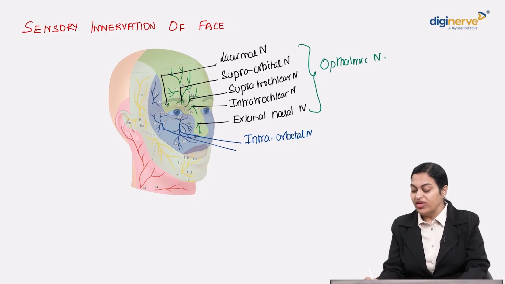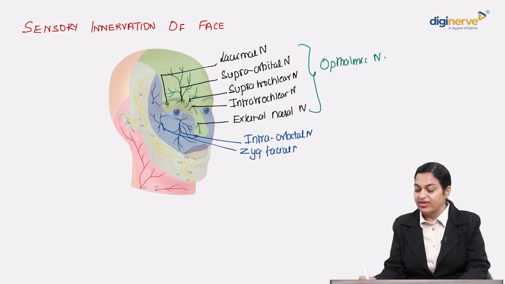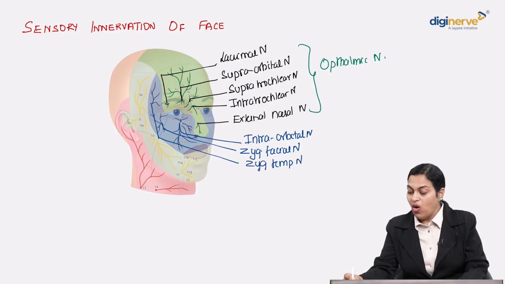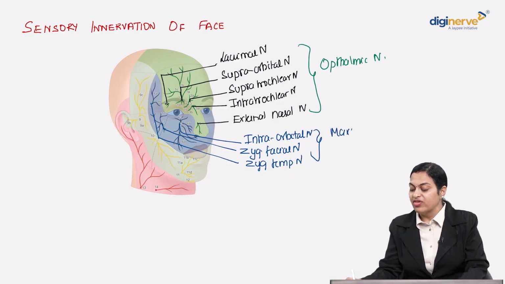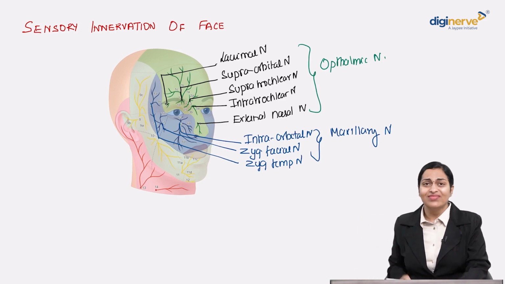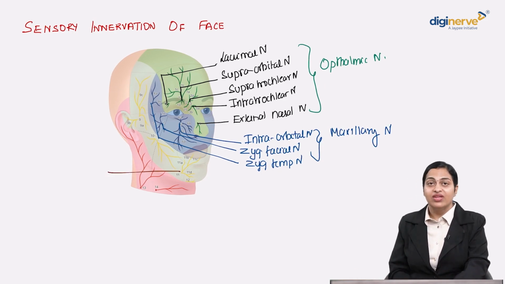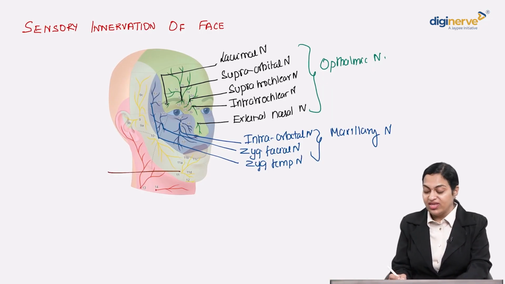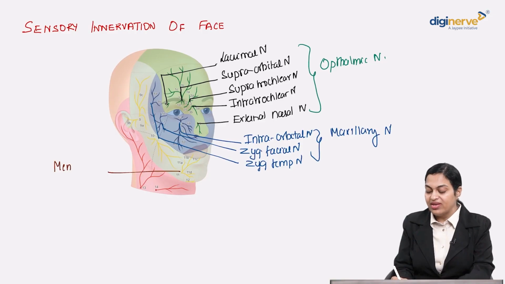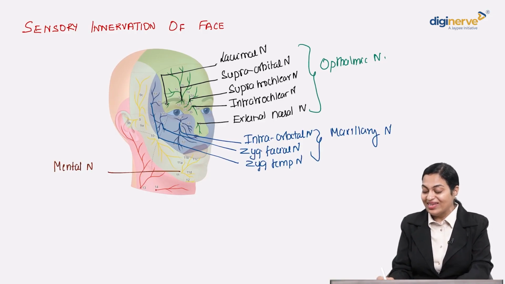And this one over here is the zygomaticofacial nerve, and this here is the zygomaticotemporal nerve. All these are branches of the maxillary division of the trigeminal nerve, right? Now, this nerve that supplies the skin of the lower lip and the skin of the chin, it is the mental nerve, right?